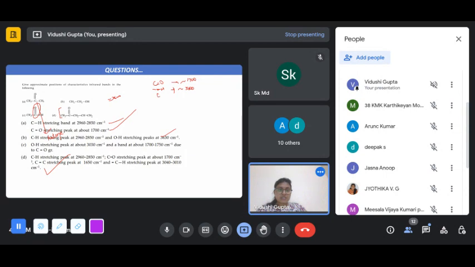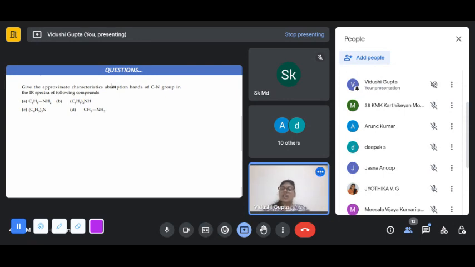And for CH stretching, it will be approximately 2800 to 2900. But the value will change depending on whether it's an acid, aldehyde, or ketone.